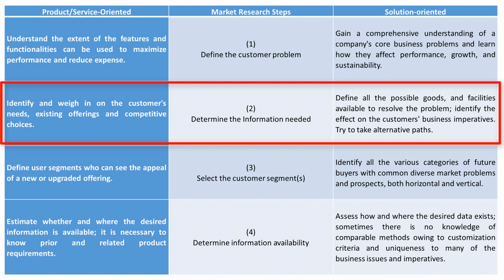Then for solution-oriented naman, balik tayo doon sa may broadband. Baka naman pala mamaya ang problema ng customer na mabagal ang internet ay dahil sa merong nasirang kable. So you have to know all the possible facilities available to resolve a certain problem.